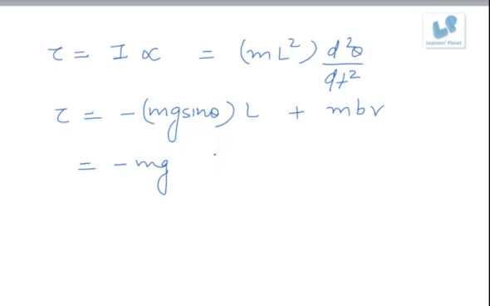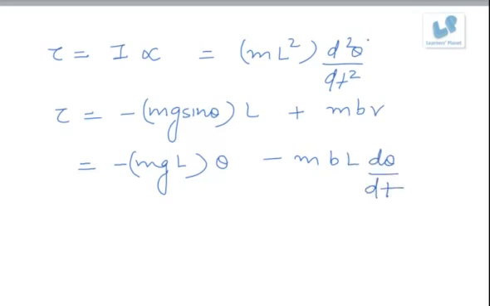If we assume that the value of theta is very small, then sin theta can be written as theta. So this expression will become minus mgl theta, and if we substitute the value of v as minus l d theta by dt, then we will have minus mbl d theta by dt.